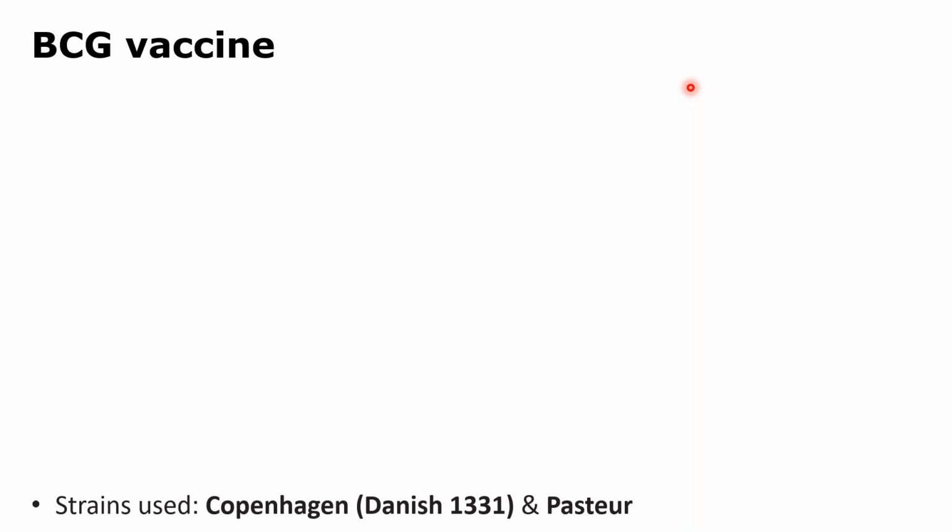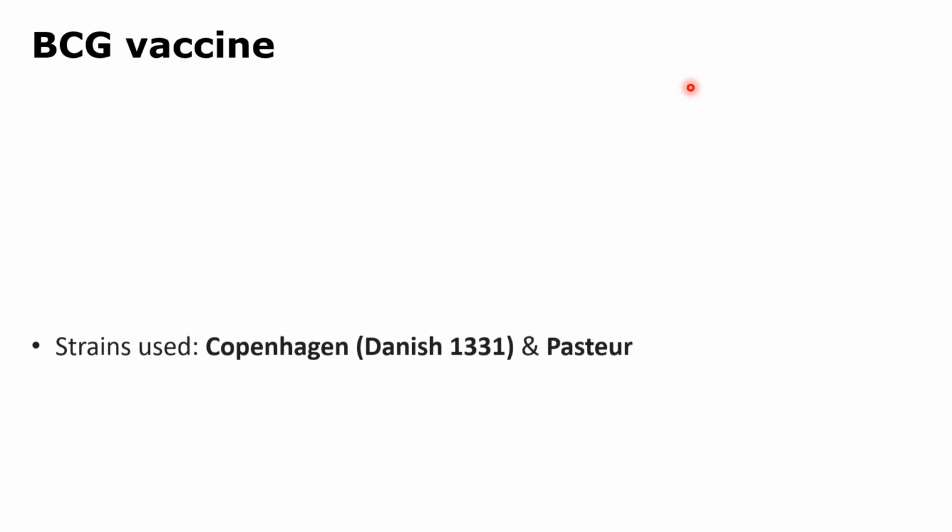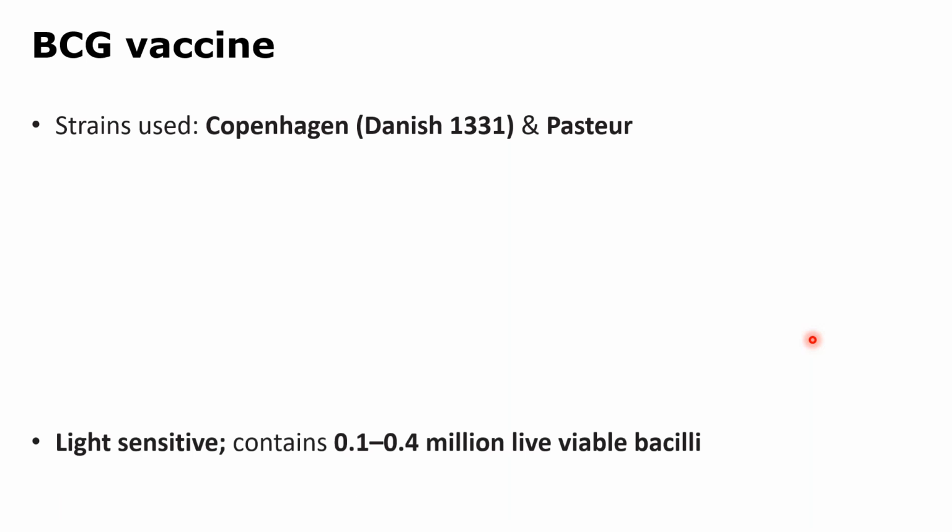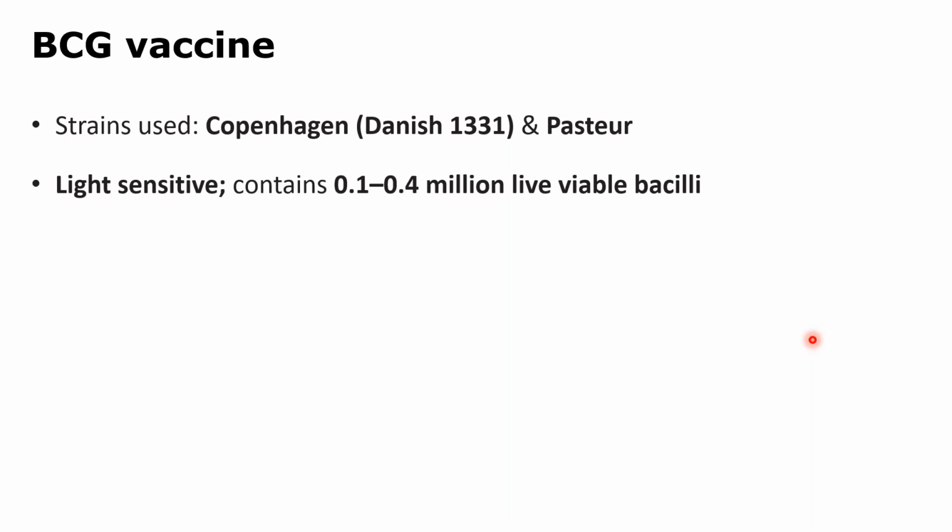So what are the other things that we need to know about BCG vaccine? The strains used are usually the Copenhagen, that is the Danish 1331, and the Pasteur strains. It is a light sensitive vaccine, and it contains at least 0.1 to 0.4 million live viable bacilli. So it is a live attenuated vaccine, right? And normal saline is to be used as diluent.